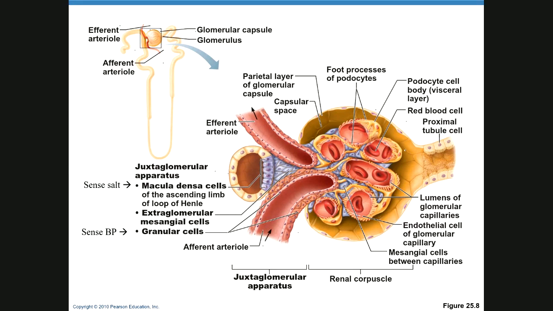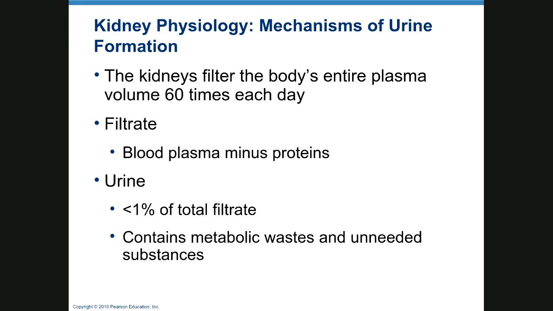Afferent arteriole, efferent arteriole. I need to change colors again. There. And you have the macula densa cells right here that measure the amount of salt, sodium chloride. And then you have granular cells right here that sense blood pressure. And so they regulate the rate of filtration depending on the pressure and the sodium concentration.